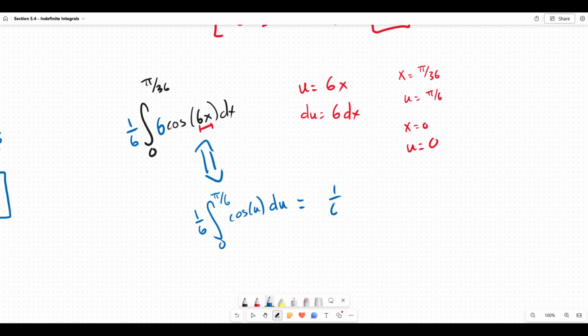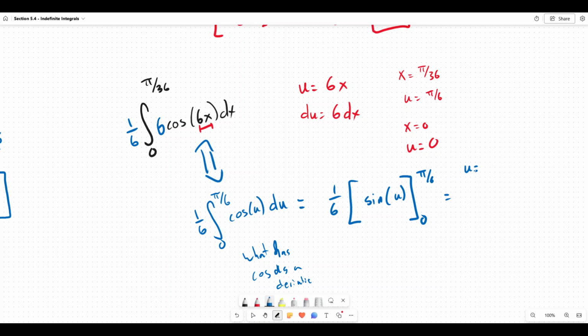There's going to be 1/6 times, what's the integral of cosine? Well, it's the same question. What has cosine as a derivative? Sine becomes cosine in derivatives. So the integral of cosine is sine. And we're just going to evaluate this sine at 0 and pi over 6.